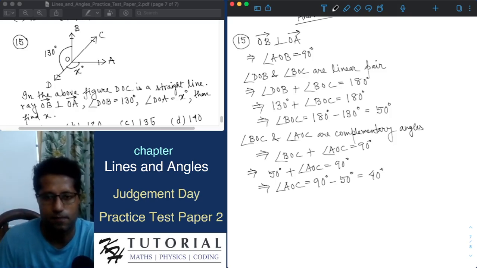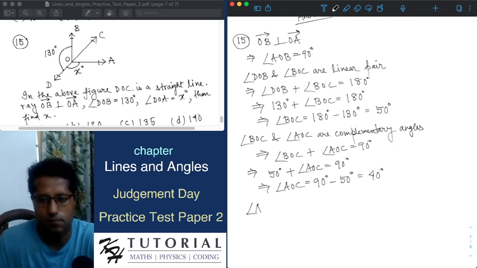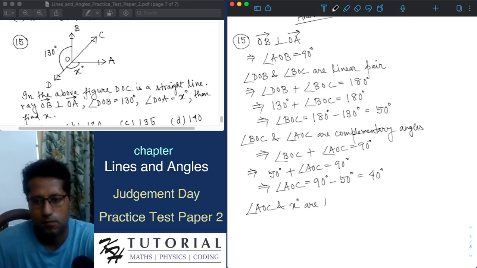Now we also see that angle AOC and x degrees are a linear pair. Why?